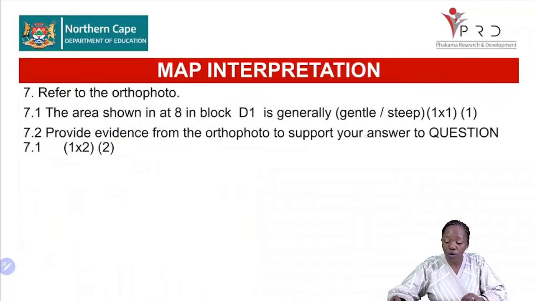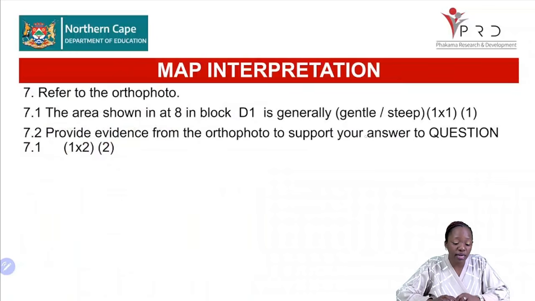So again, we go to that area which is located by number 8, and then we need to identify: is that area gentle or is that area steep? And then secondly, you provide evidence from the orthophoto map to support your answer.